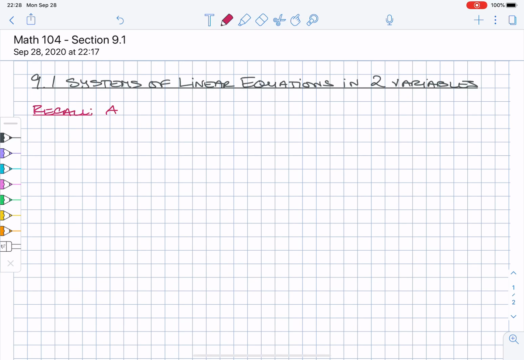That a line is of the form y is equal to mx plus b.